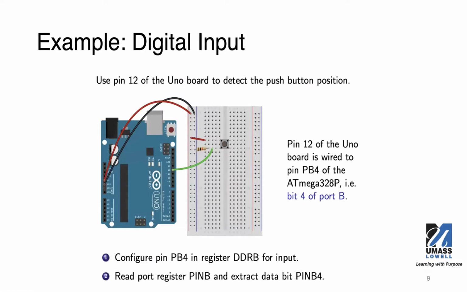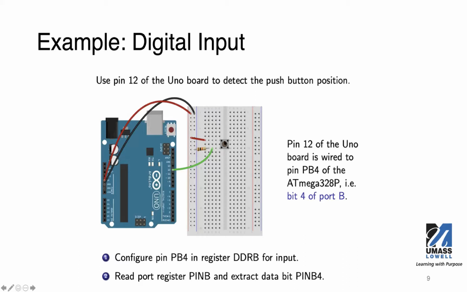Okay, so let's put them into action. We have a very simple design. It's probably part of your lab 1. What we want to do here is use one of the pins, that's pin 12 on the Arduino Uno board, to detect the push button position. So the push button could be closed, could be open. That's what we want to detect. The circuit is very simple.